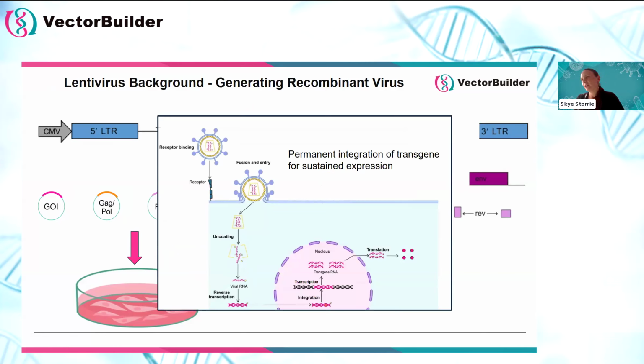So once we have integration of our DNA into the host genome, this will act as a template for transcription of more copies of our transgene RNA because it doesn't encode any of the viral proteins. So we won't get the production of novel virions, we will just get translation and expression of our transgene.